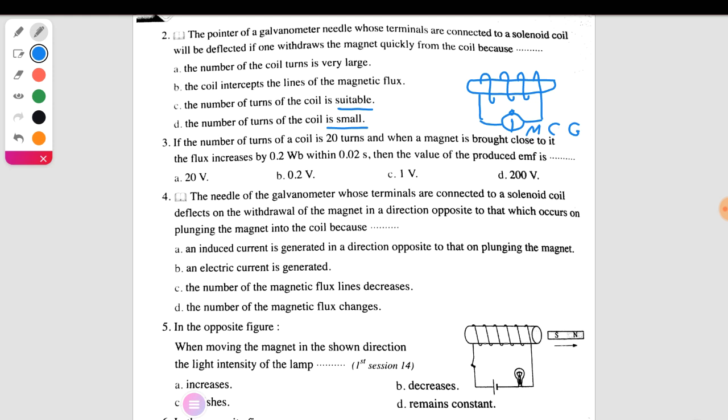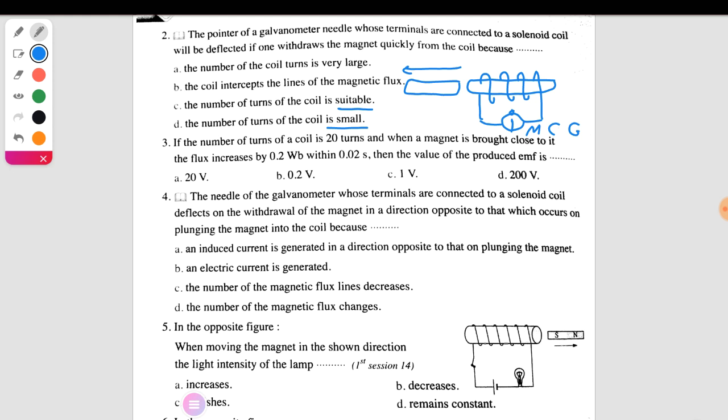The galvanometer needle whose terminals are connected to solenoids will be deflected if one withdraws the magnet quickly from the solenoid, because the number of the coil turns is very large, the coil intercepts the lines of flux, the number of turns is suitable, the number of turns is small.